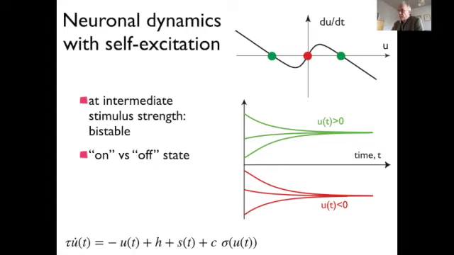In the middle, the dynamics is bistable, and that means it now matters where you're coming from. If you're initially in an attractor with some positive level of activation, you're going to converge to the plus solution, the suprathreshold or on state. If you're coming from an attractor with some negative activation, you're going to converge to the off state, this attractor, some negative state.